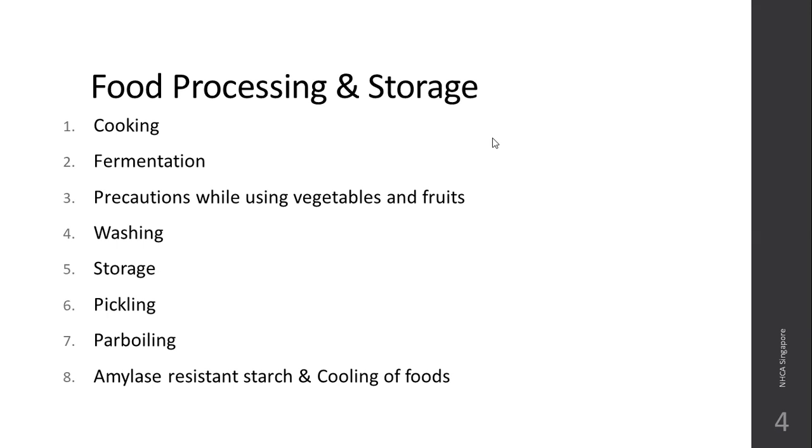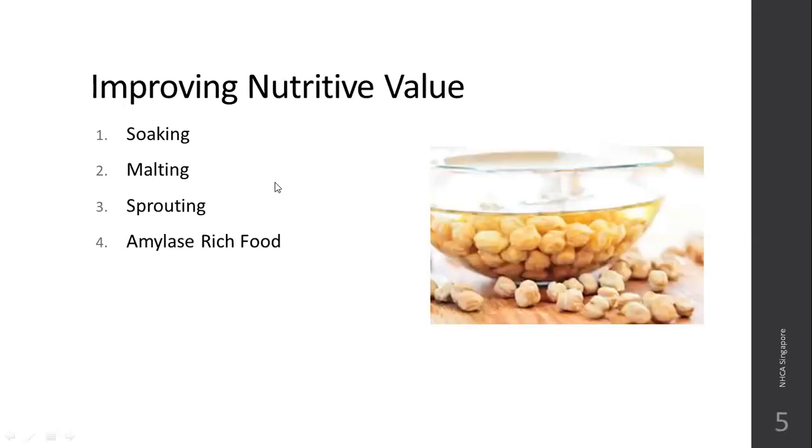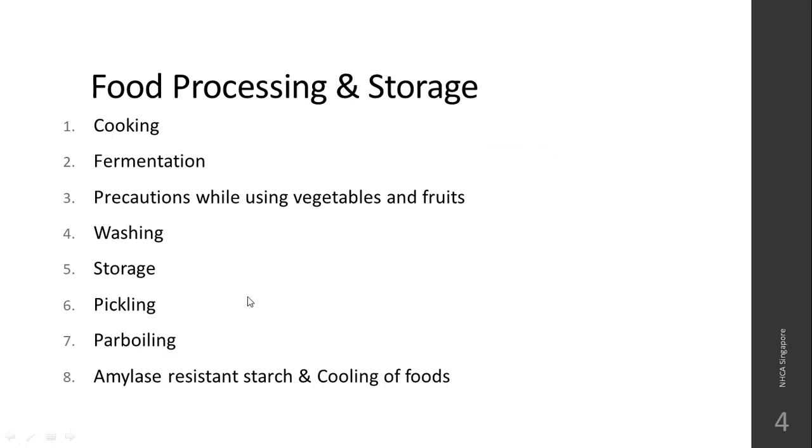Simmering is good, specifically if you use cast iron vessels. Then we have fermentation. It enhances the vitamin C value and increases the digestibility. Nutritional yeasts are also a good source from fermentation.